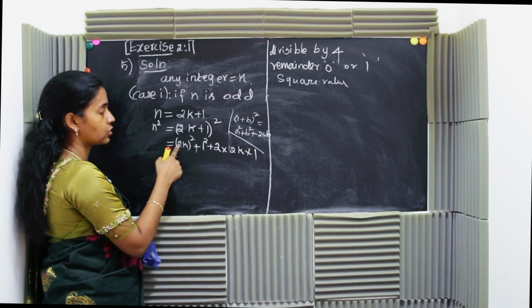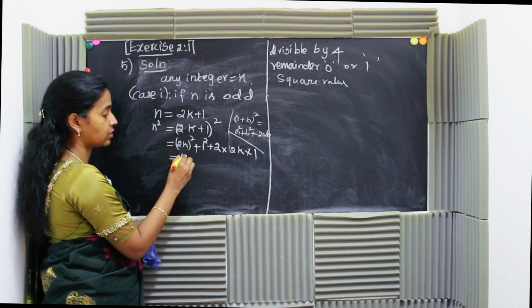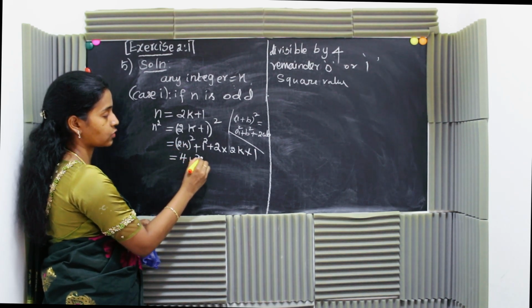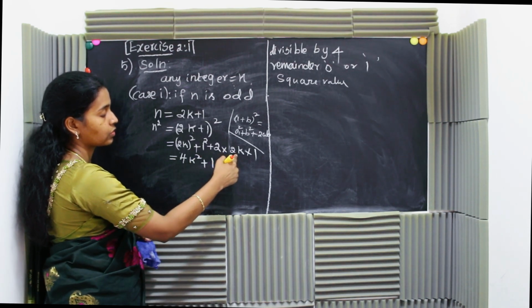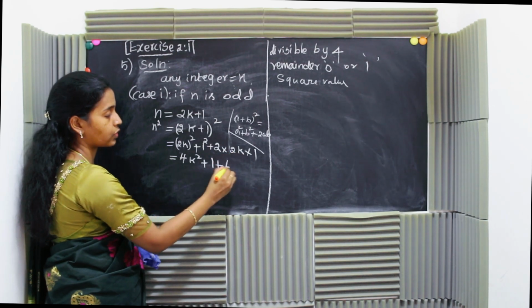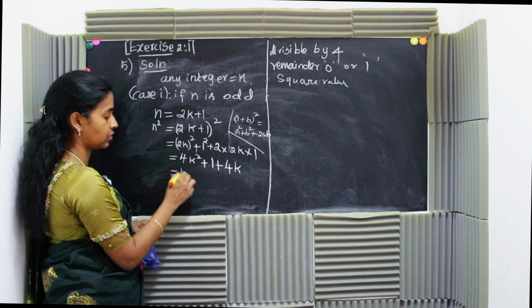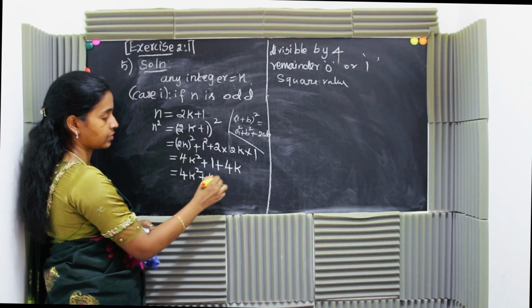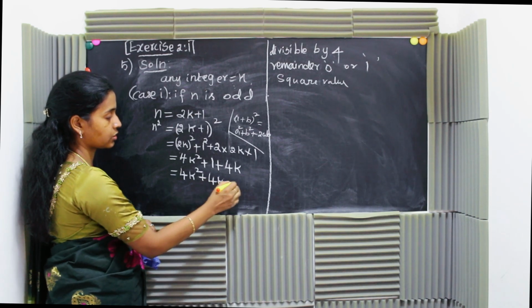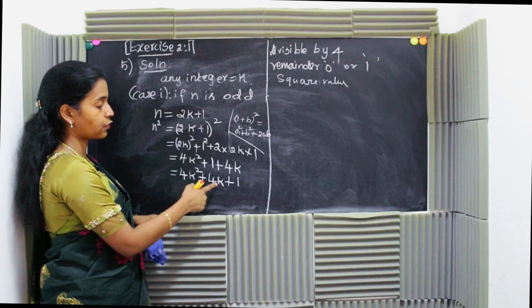So 2 square is 4, 4k square plus 1 plus 2 into 2, 4, into k, 4k. This is the answer for n square. If I write the k terms together, I'll be getting 4k square plus 4k plus 1.